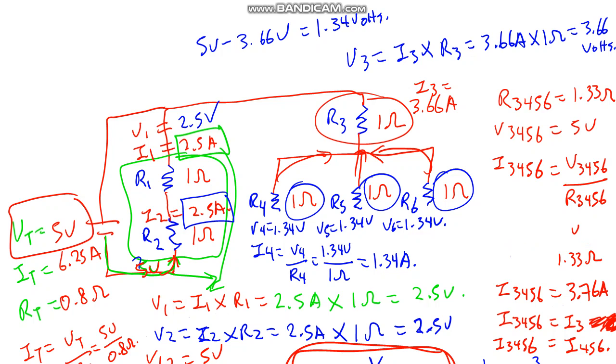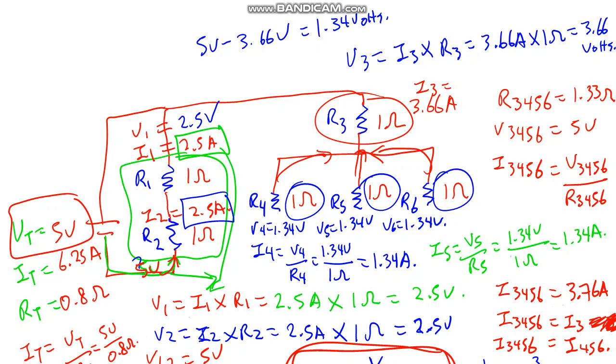So I can write it down here. I5 is equal to V5 over R5. V5 is 1.34 volts. R5 is 1 ohm. So again, this will give 1.34 amps.